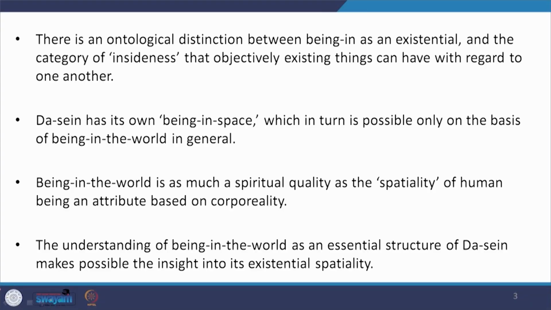So, the Dasein has its own being in space, which in turn is possible only on the basis of being in time, being in the world in general. Being in the world is as much a spiritual quality as the spatiality of human being is an attribute based on corporeality, right?